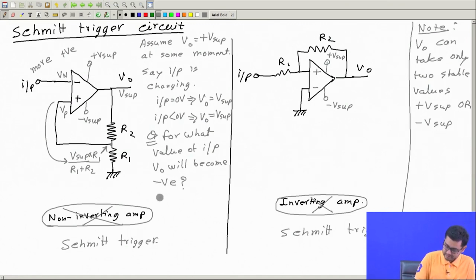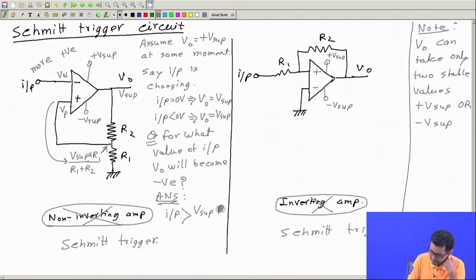What is the answer? The answer is simple. The input has to be greater than the value of V p, which is this. Okay. So, answer is the input must be greater than this value, V supply multiplied by R 1 divided by R 1 plus R 2.